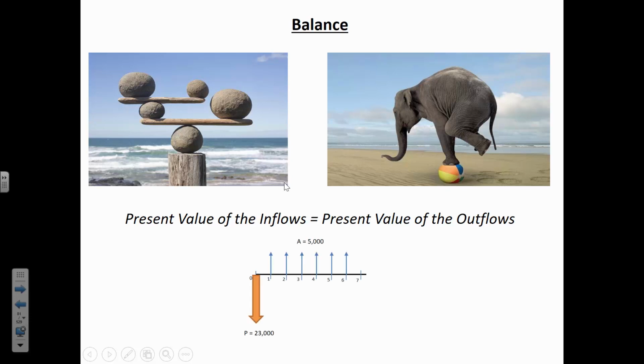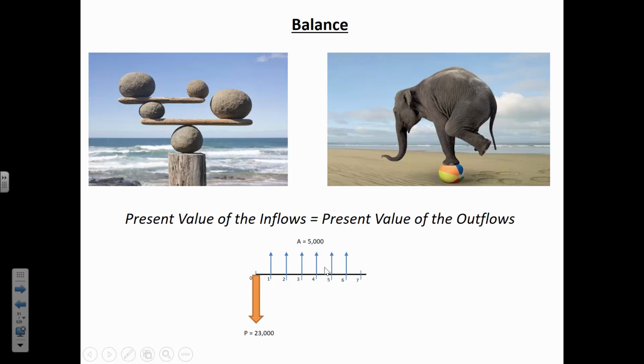Let's say that we pay out $23,000 today, and then we receive 6 annual payments of $5,000 each year. There is some interest rate that makes those equal. Now, it's not 0.